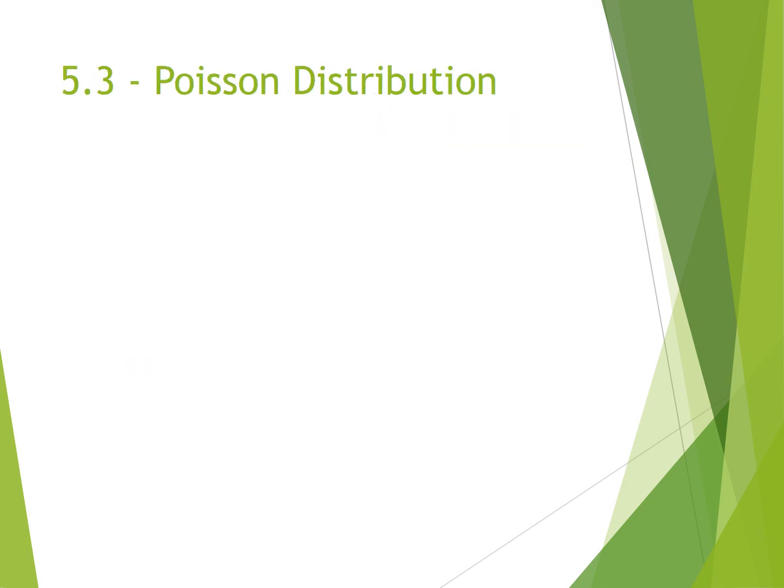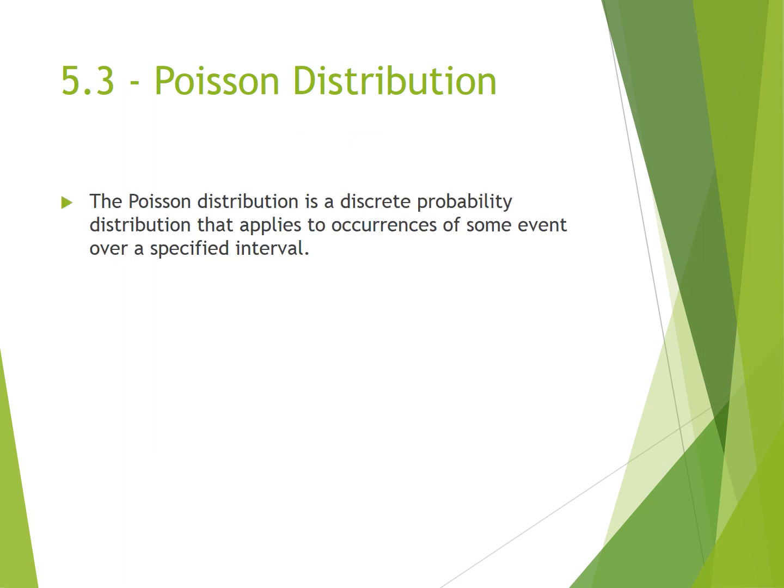The probability distribution that we're going to look at is known as the Poisson distribution. The Poisson distribution is still counting the number of occurrences, so it's still a counting thing, but we're looking at the number of something within a specified interval of time or space.